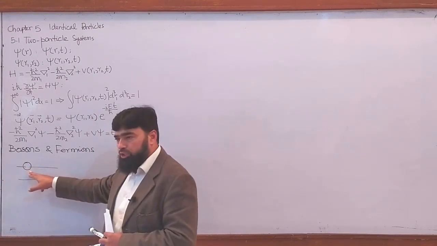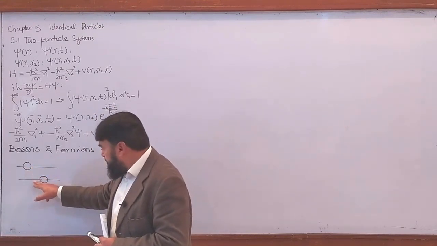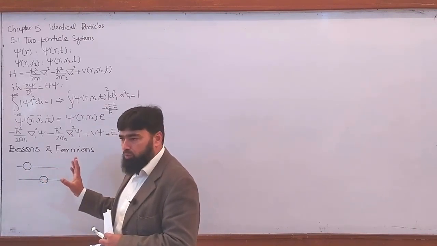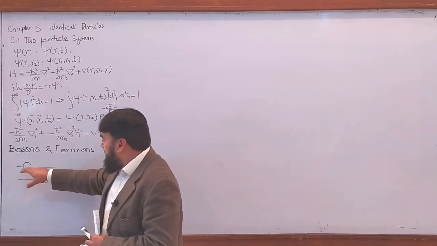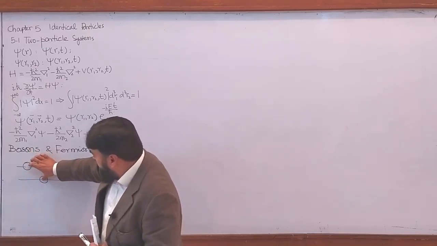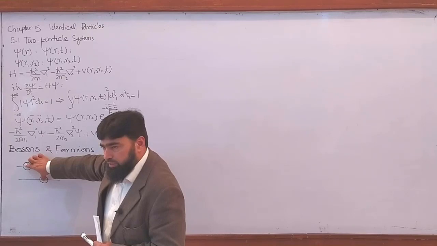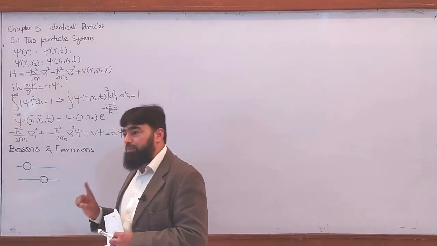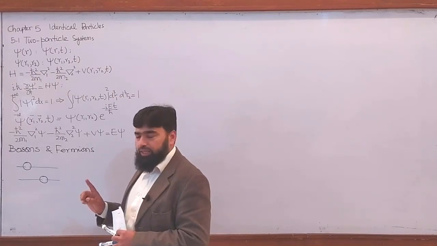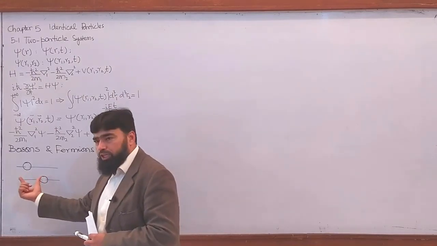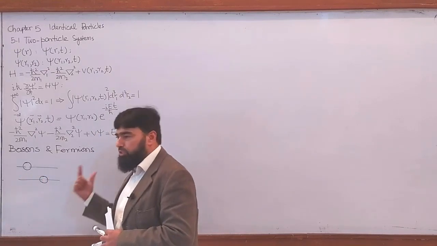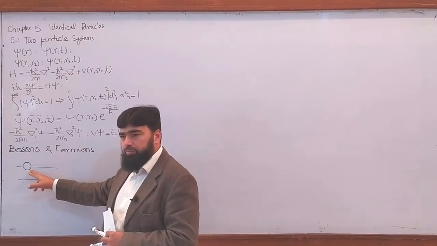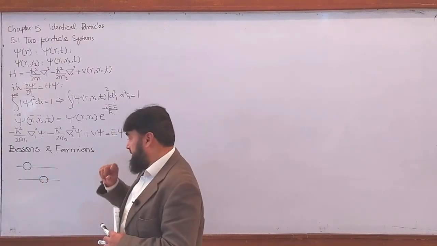I can put both here, I can put both here. That is possible, one configuration each. Now if I place one here and one here, and then move this one here and this one here, it's the same configuration. Clear? So from the 4 configurations, we have come to the 3 configurations. Got it? When the particles became identical particles.